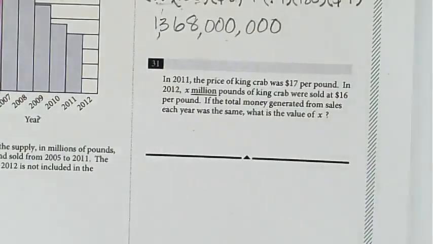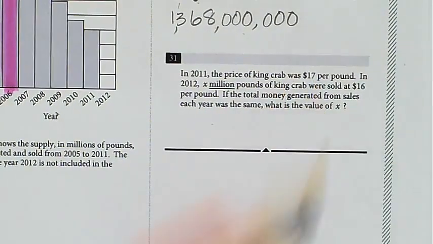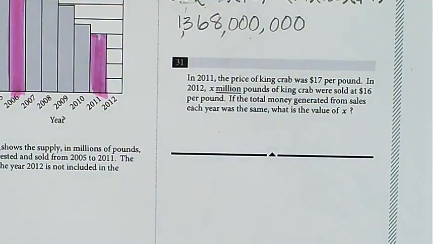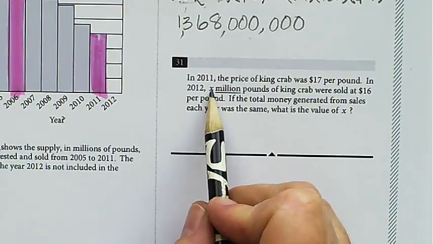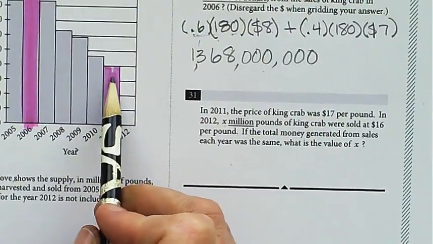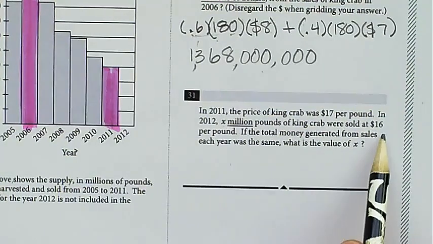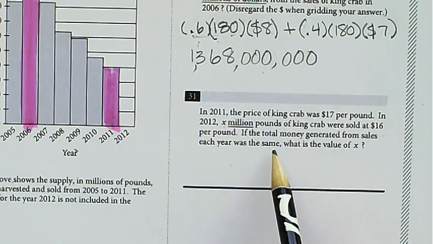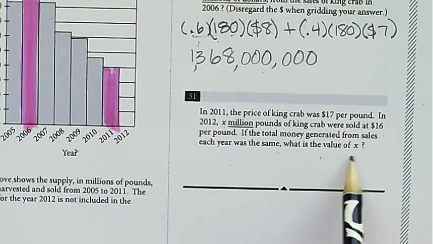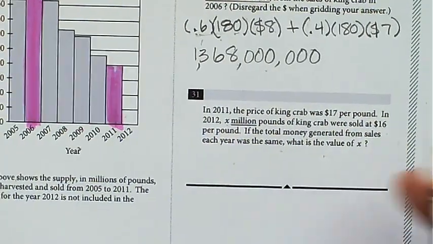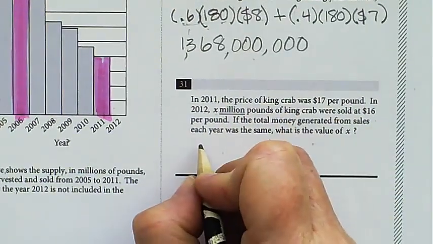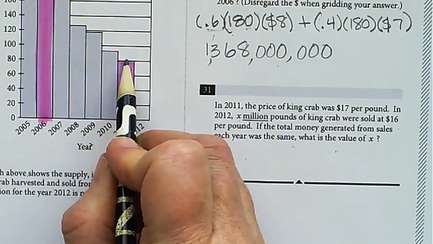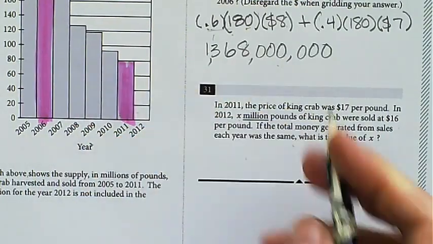In 2011, the price of king crab was $17 a pound. In 2012, we don't know how many million pounds of king crab were sold at $16 a pound. If the total money generated from sales was the same, how many pounds did they sell? What was the value of x? So I'm going to say, see that in 2011 they sold 80 million pounds of king crab.